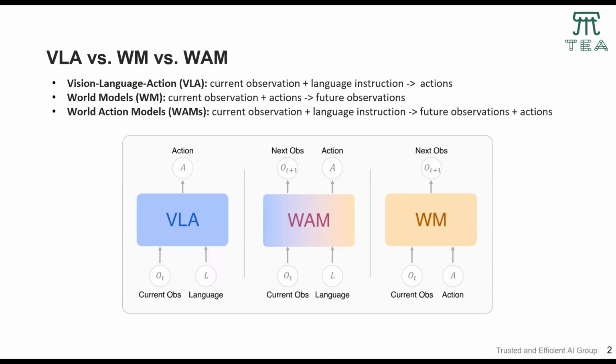You can see in the left figure, it takes the current visual observation and the user language instruction as inputs, and it directly outputs the robot actions.